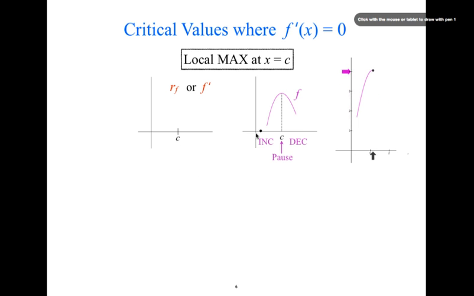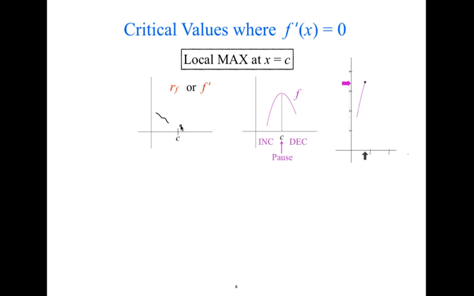I'm just talking about over here. When the function is increasing, where would I draw the rate of change? In positive territory, right? If the function is increasing, the rate of change is positive. So that means the rate has to be up here.